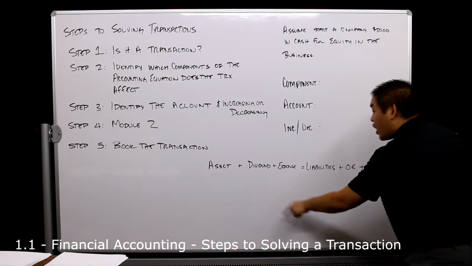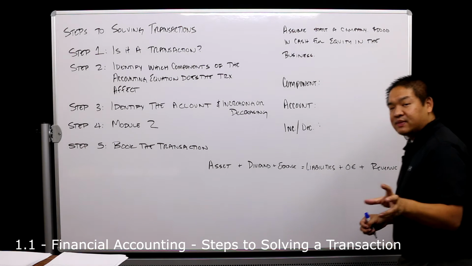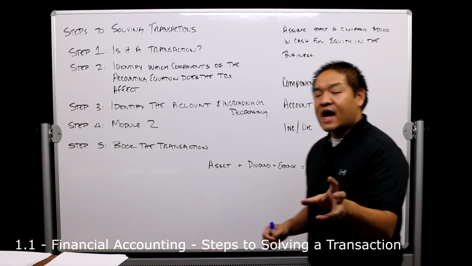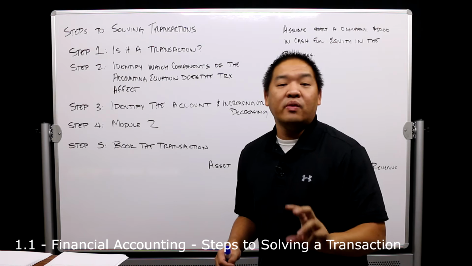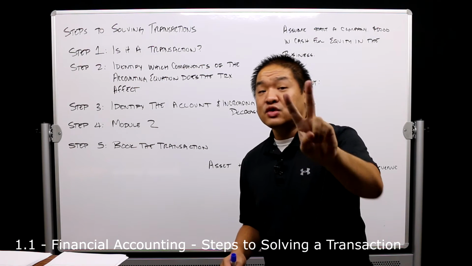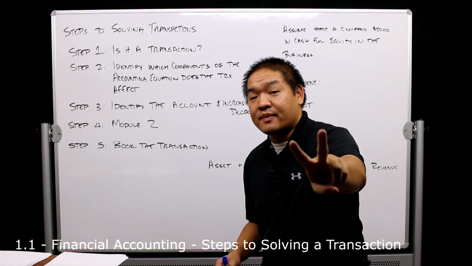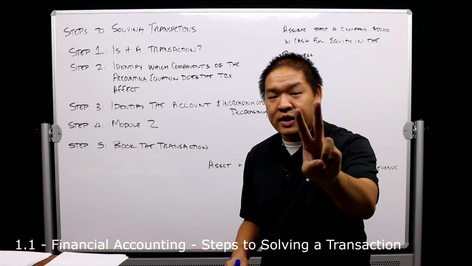So which components does it affect? Now, we talked about this before. Every transaction has an equal and opposite other transaction. So you will always have 2 components. Now here's a trick. Those 2 components can be the same component. They're not necessarily different components, but you must have 2 components.